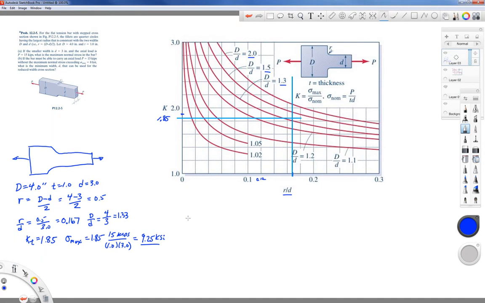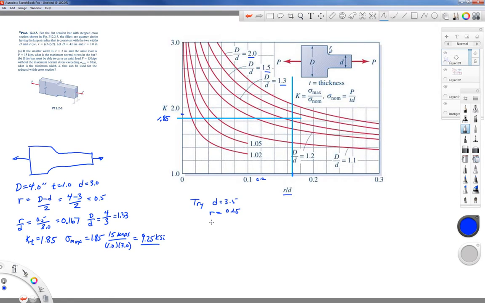Capital D has to stay 4. Let's just try little d equal to 3.5. Alright, let's recompute our r value. So now this is going to be 4 minus 3.5 over 2. It's going to be 0.25.